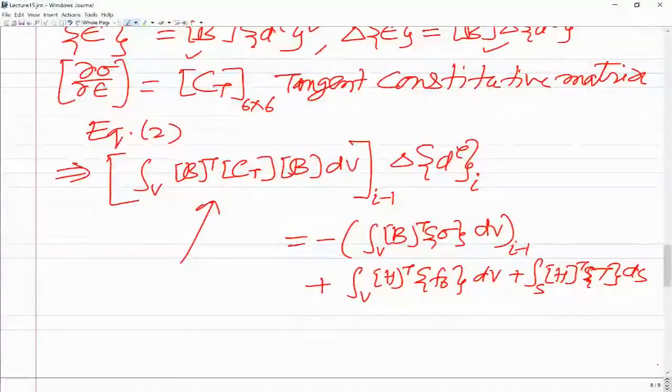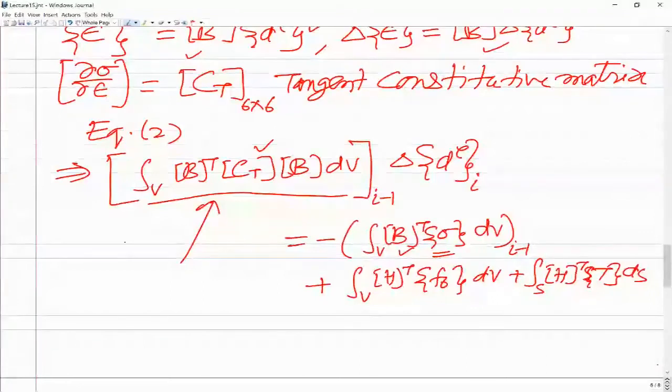But for the problem I just described, B is independent of d. So ultimately you would be evaluating this CT at the previous iteration, that is at the i minus 1 iteration, and then constructing this matrix. B will be the same for all the iterations; only sigma will be changing from iteration to iteration. And this term, the integration over volume of B transpose CT into B dV, is known as the tangent stiffness matrix.